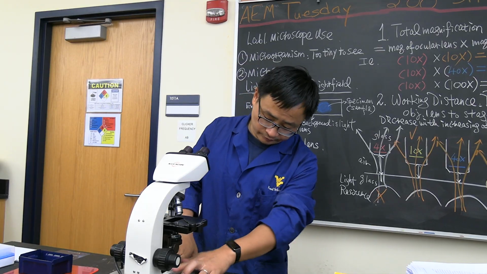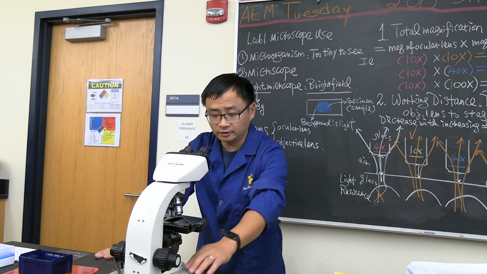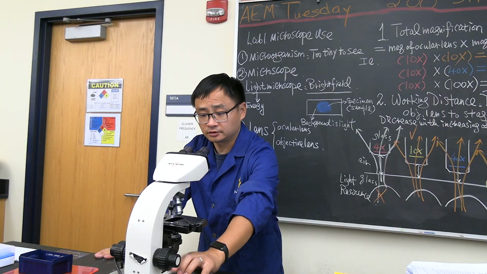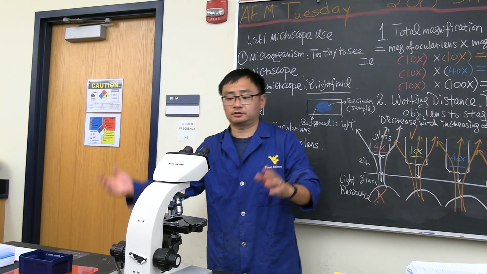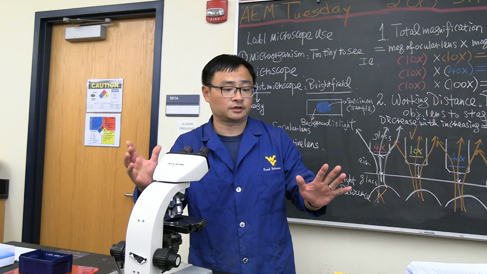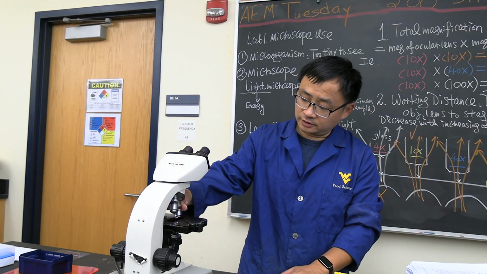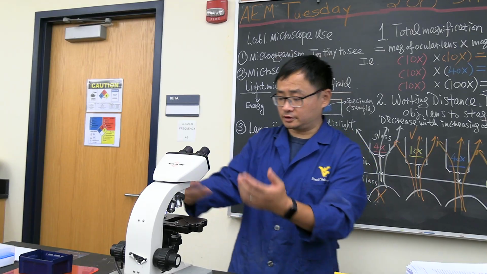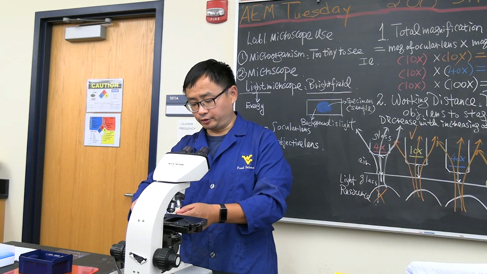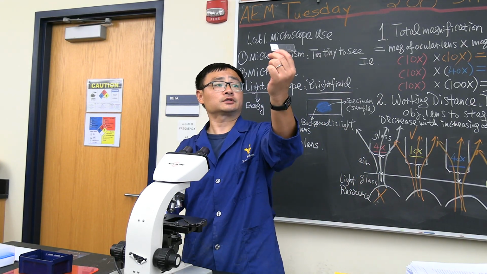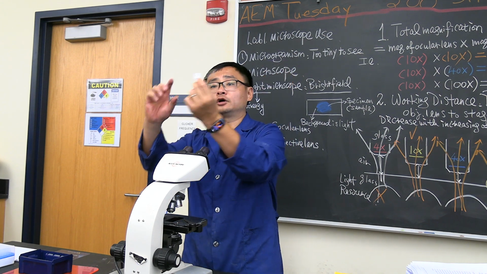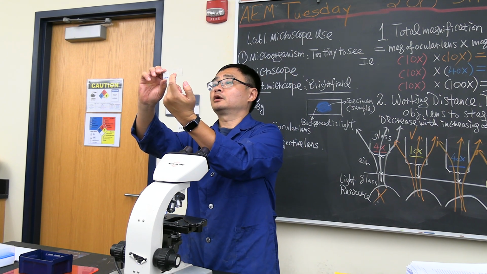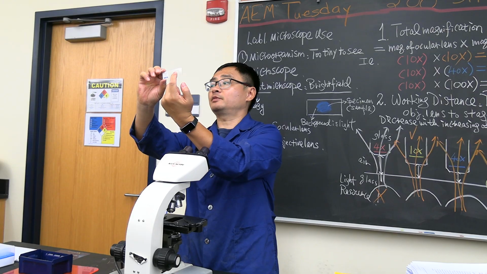So what do we do? First thing, turn it on. That's very important. Some people don't turn it on, then say it doesn't work. Of course, if you don't plug it in, no energy. Then what do we do? You can practice a little bit to see that these are functional. We're going to put in Staphylococcus aureus. Now make sure the specimen you're looking for is in the center. That is where the specimen is located.